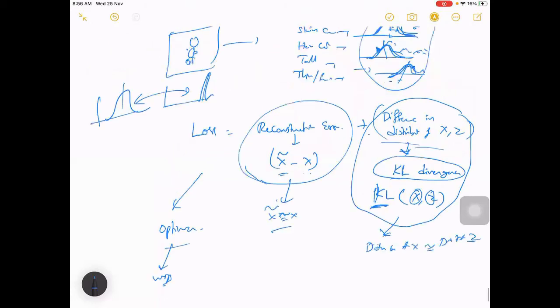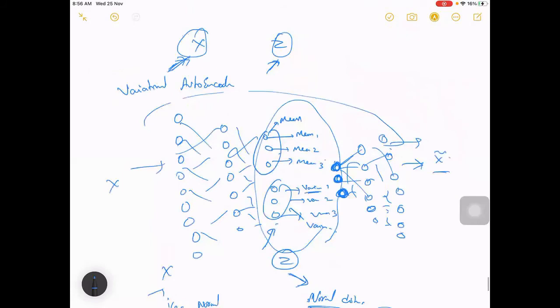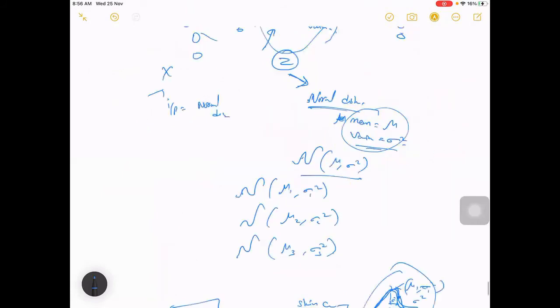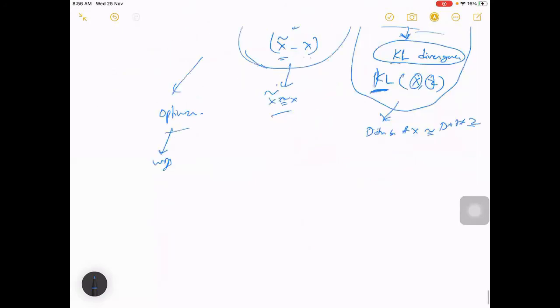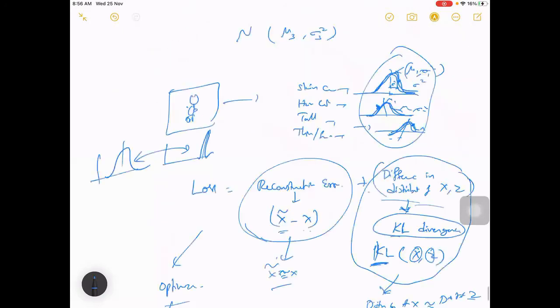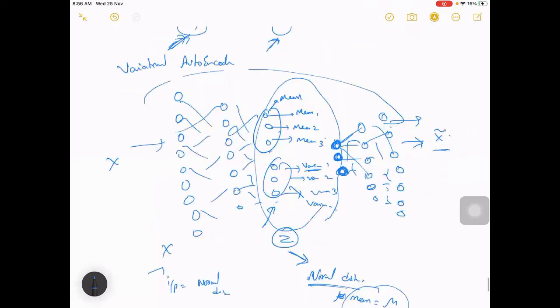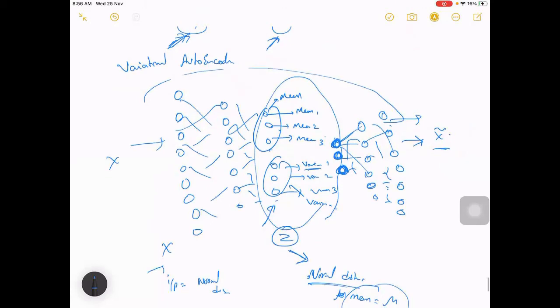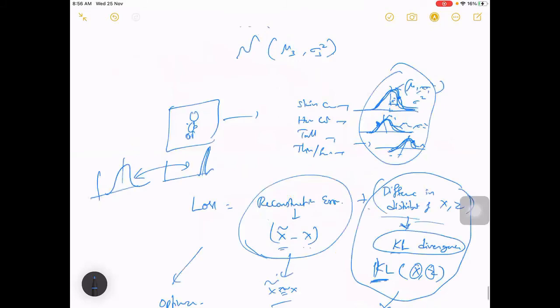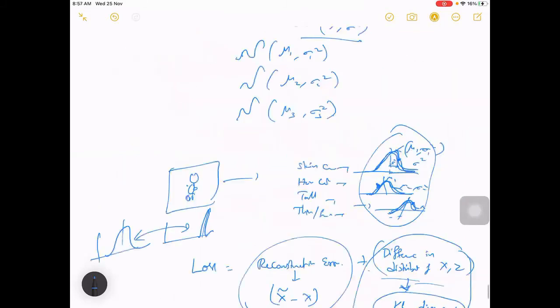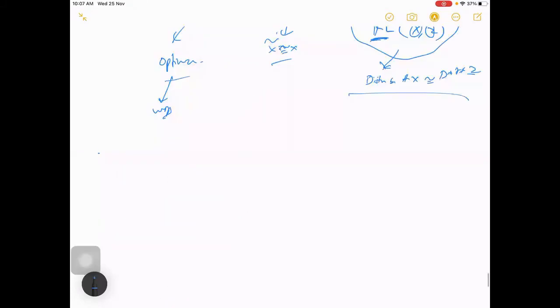So it will try to learn this distribution here, the mean and variance of the distribution, within the network. That is where we finally achieve this mean and variance, the network has learned the distribution, and we are also able to reconstruct. This is what we call a variational autoencoder. Okay, the rest is all similar, but this is what we call a variational autoencoder.